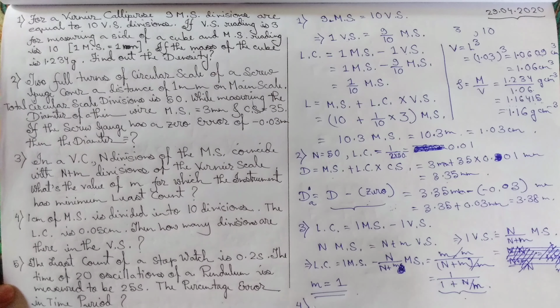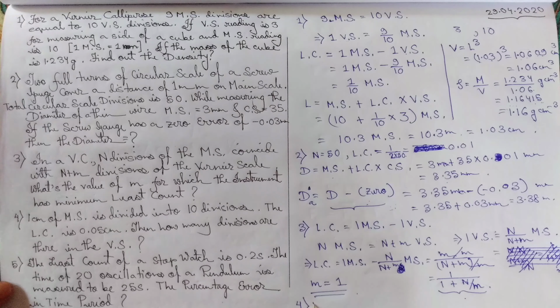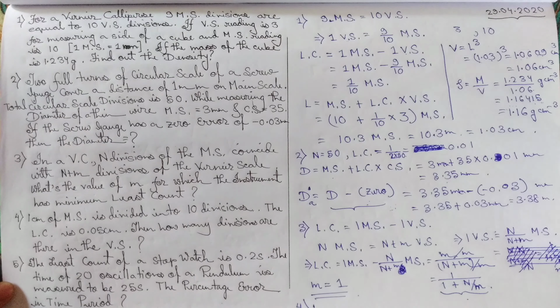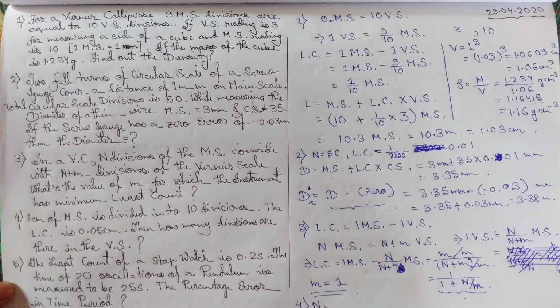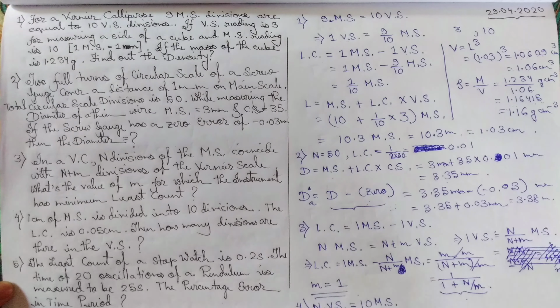Let's take there are n divisions in the VS. 1 centimeter MS is divided into 10 divisions, so n divisions of VS will coincide with 10 divisions of MS.